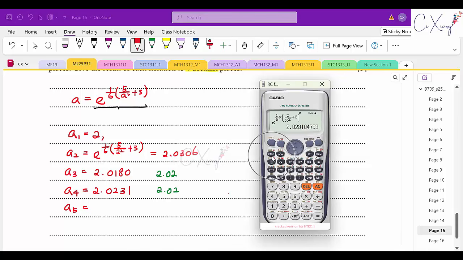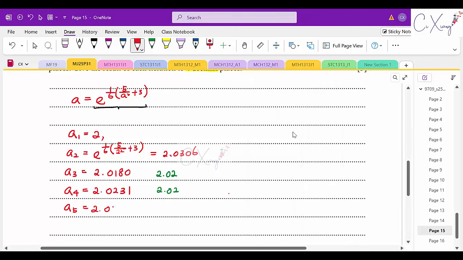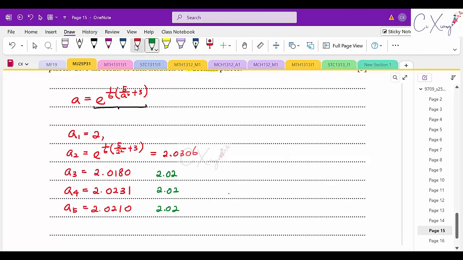Okay, then I press calculate again, key in the value 2.0231, then press equal sign, and you get 2.0210. If you double check the answer to 2 decimal places, it is still 2.02. So from here, when I get 3 repeated values in 2 decimal places, then I will write out the root is equal to 2.02, correct to 2 decimal places.